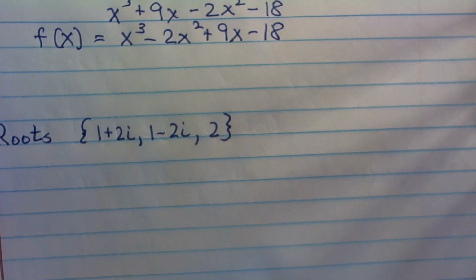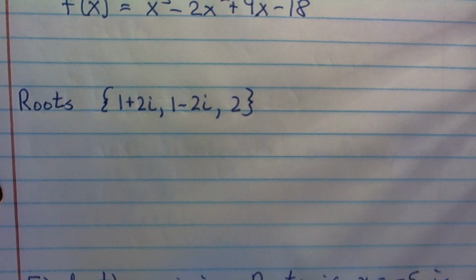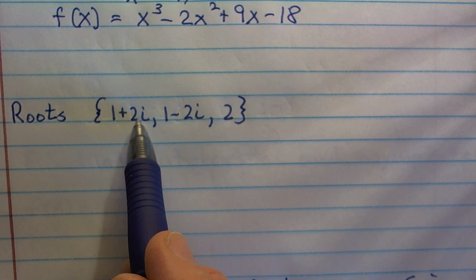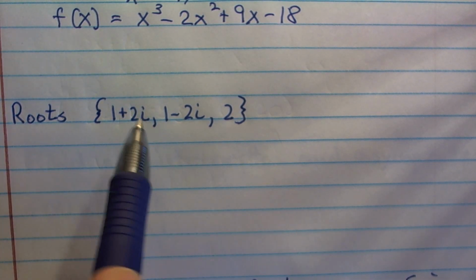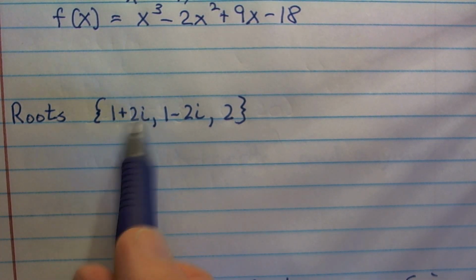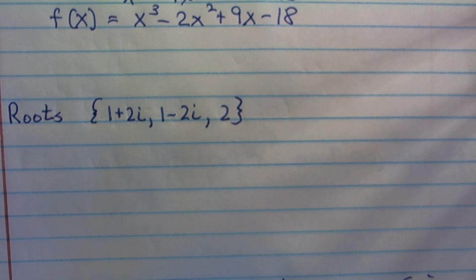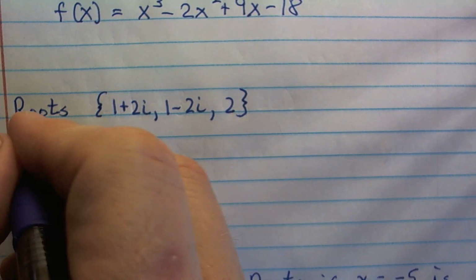Now, let's look at one that's a little more involved. Here we've got non-real roots, 1 plus 2i, 1 minus 2i. Now remember, these non-real roots like this, they always travel in conjugate pairs. So if 1 plus 2i is a root, then so is 1 minus 2i. But here's what we've got then.